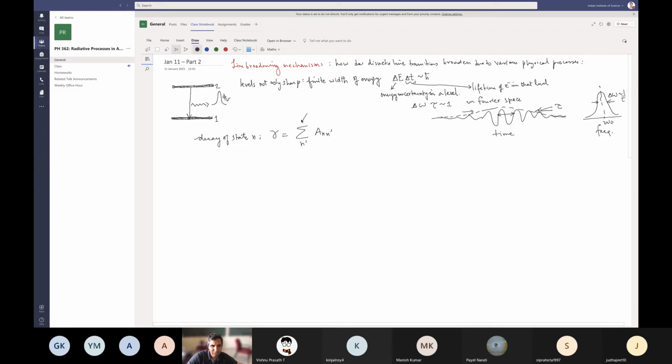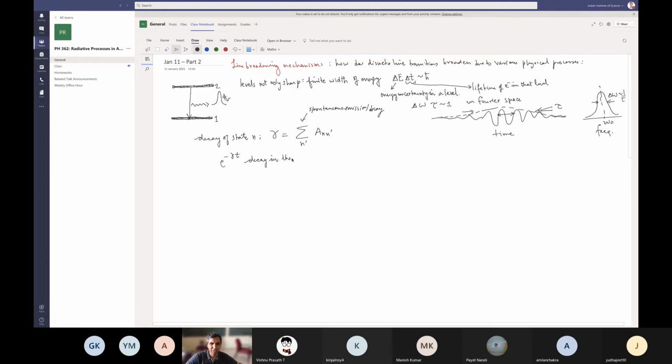This is spontaneous emission or decay. Because of this decay, there is an e to the minus gamma t decay in the intensity.